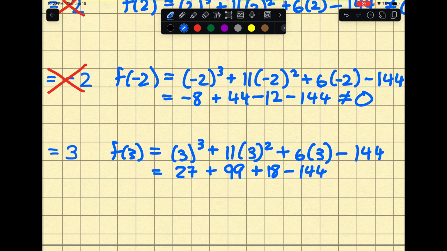Okay, 27 plus 99 is 126, plus 18 is 144. 144 minus 144. Oh, yay, that equals 0. Okay, good. We finally hit one here.